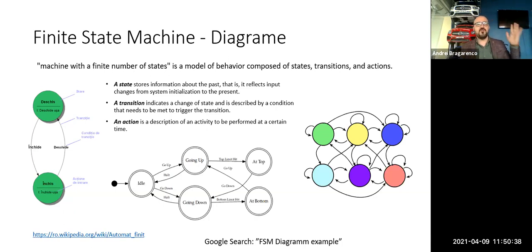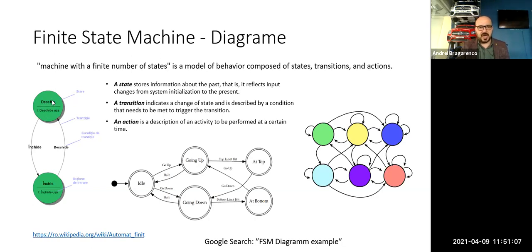So we just follow some inputs and generate some outputs. Anyway, a finite state machine is a model of behavior that is composed of states, transitions from one state to another, and some actions.